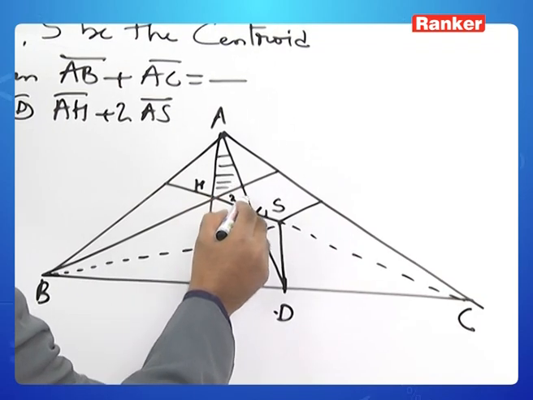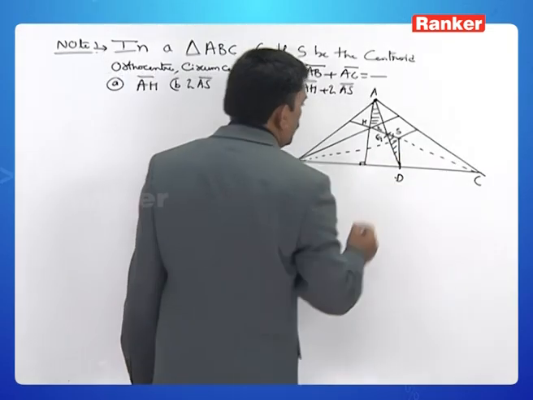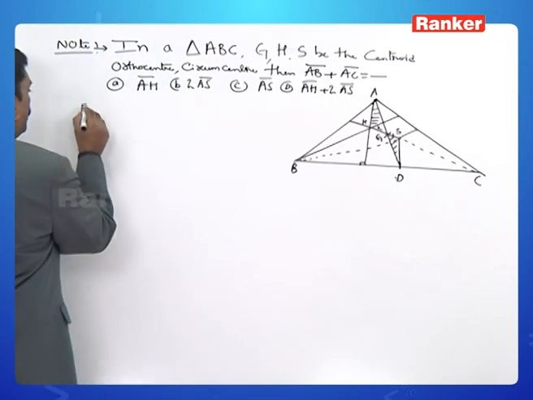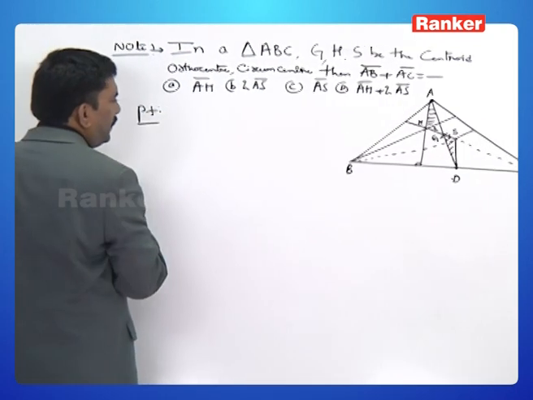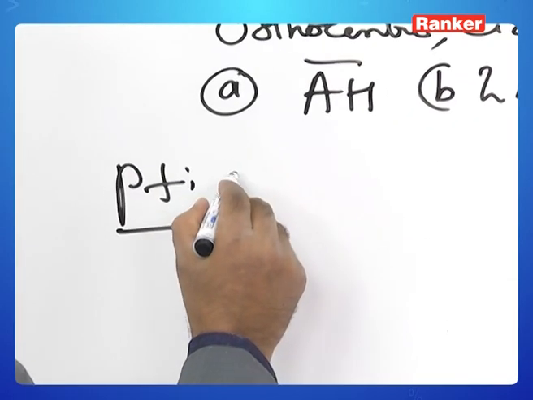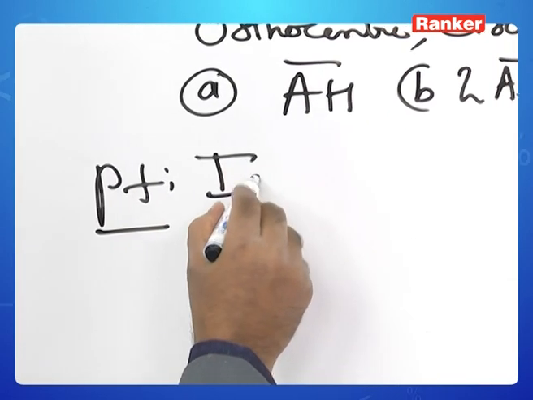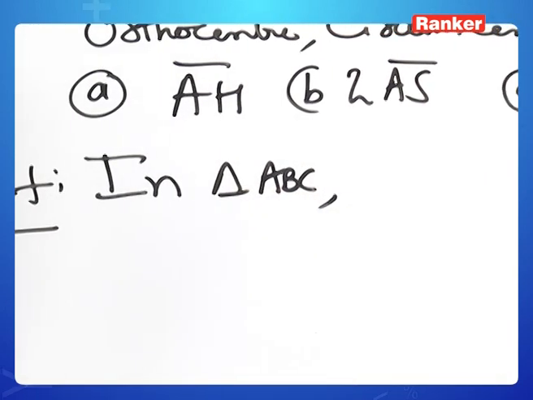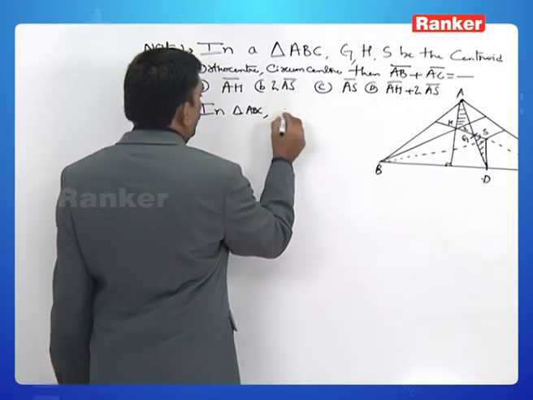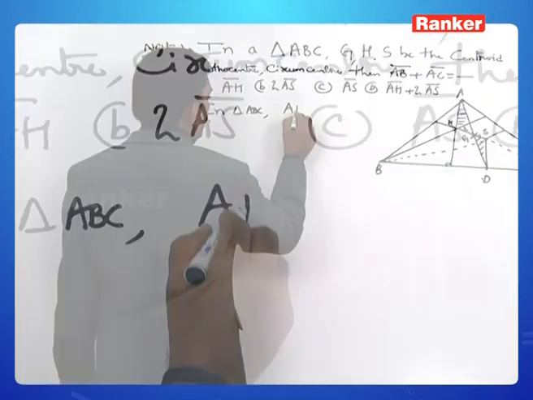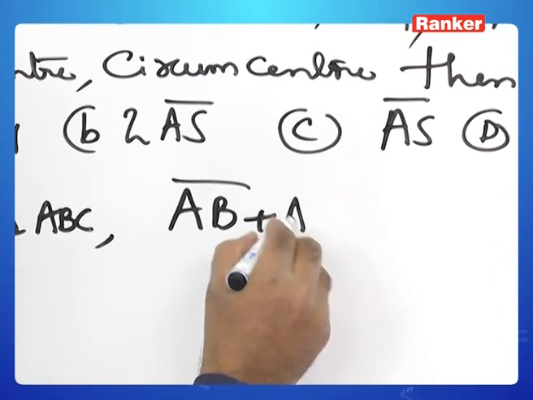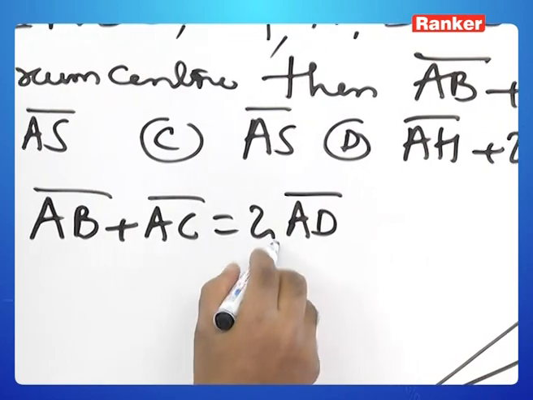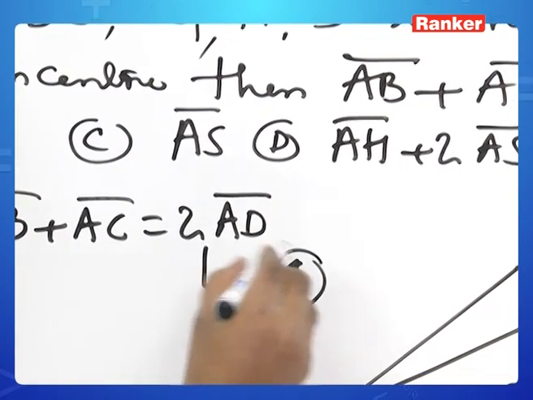Now, these two are similar triangles. The proof of this one is very simple. In a triangle ABC, by using the median property, AB bar plus AC bar is equal to 2 times AD bar. You call this 1.